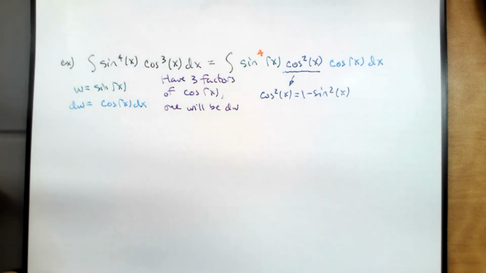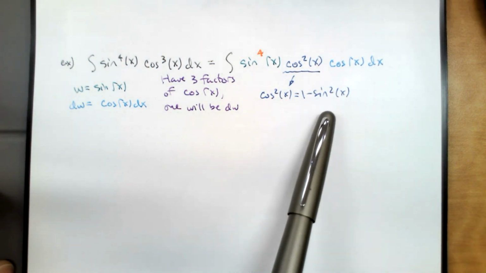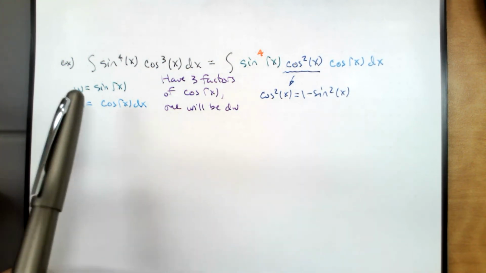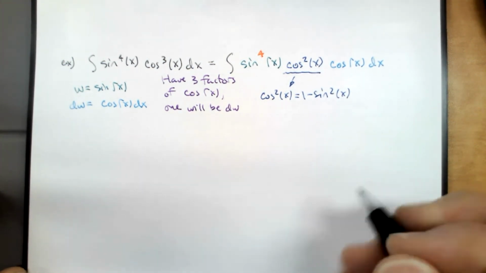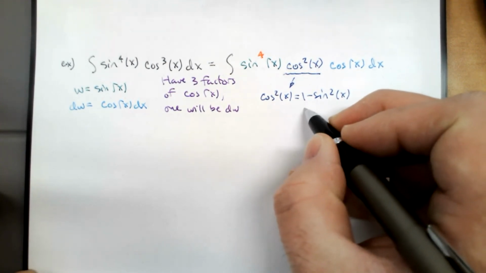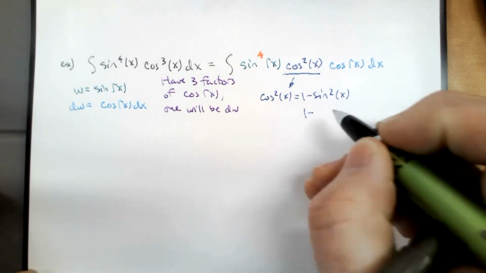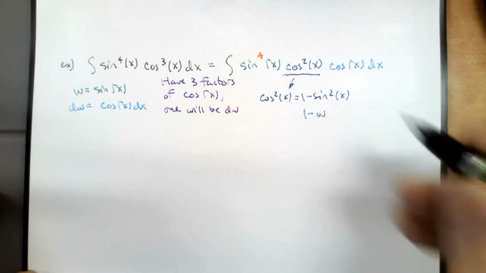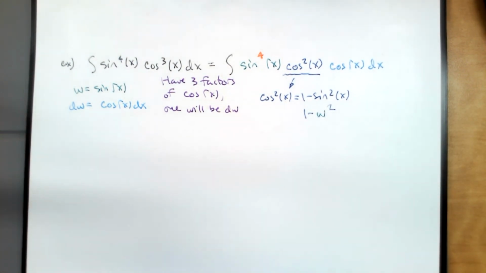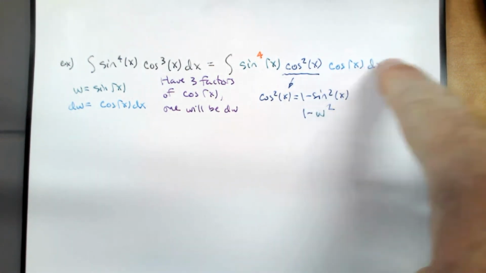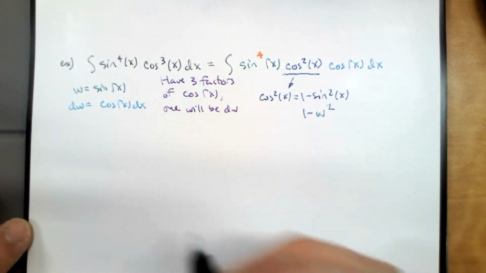The reason that this is useful is that now instead of cosine squared, I've got 1 minus sine squared, and sine is W. So this is just 1 minus W squared. And then this single factor of cosine is going to contribute to the dw.